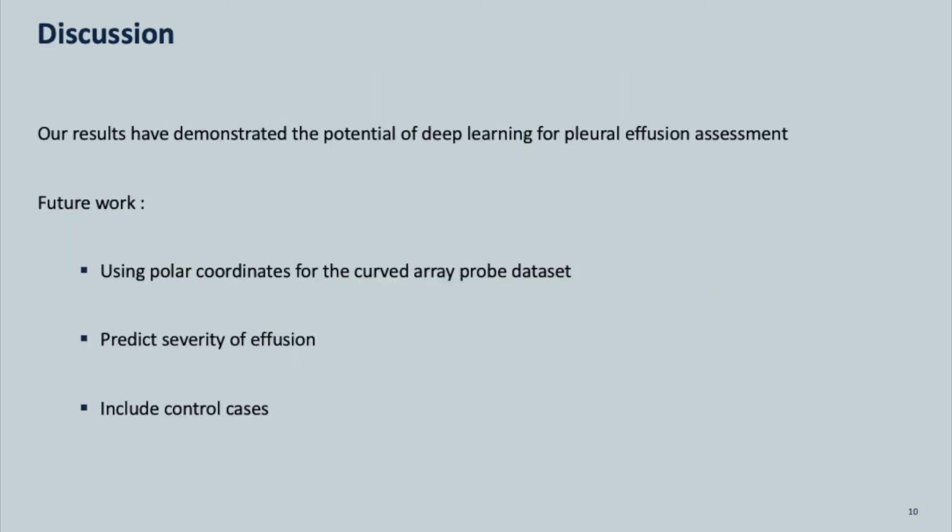Why did it not improve performance on the other dataset? We think it is because of the geometry of the image: the second dataset was composed of curved images, so maybe using polar coordinates would improve results on the training of this dataset.